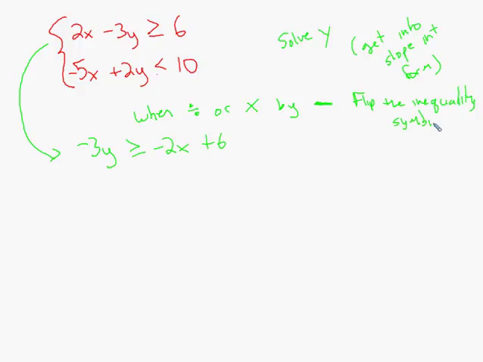Just the symbol, not the whole thing. So I'm going to divide by -3, everything. And I get y is less than or equal to x minus 2. Any questions how I got that? Okay, so I'm going to graph that one.